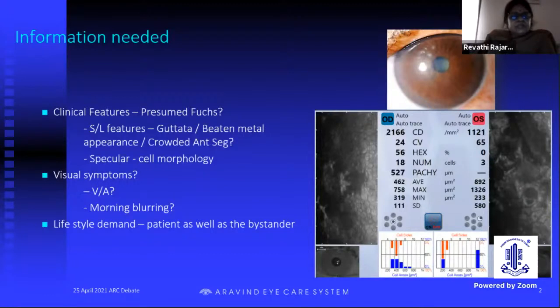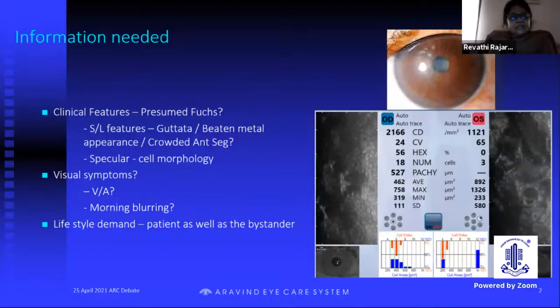But why 1,000 cells? What is the pathology behind? Is it a degenerative or dystrophic condition like Fuchs or pseudoexfoliation, or is it post-trauma? What is the reason for the poor endothelial cells?